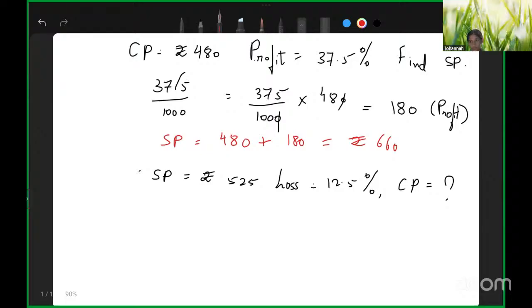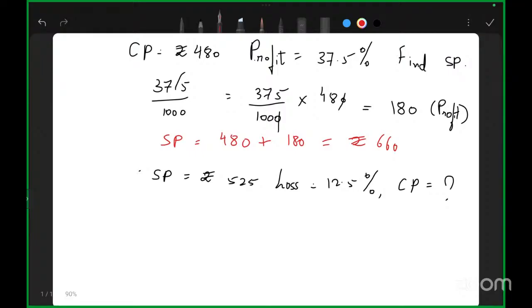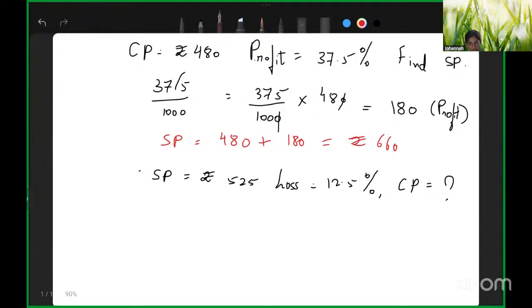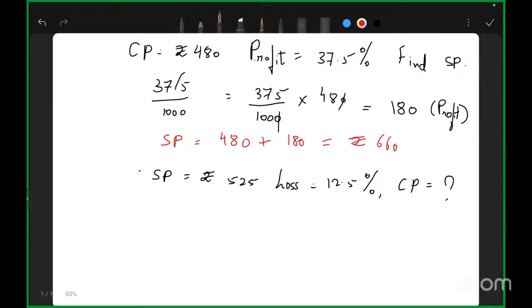Excuse me, ma'am. Yes, Johanna. I'm still confused in the first question. You are still confused in the first question. Okay. See, what we have done in the first question. First, we want to remove this decimal of 37.5%.